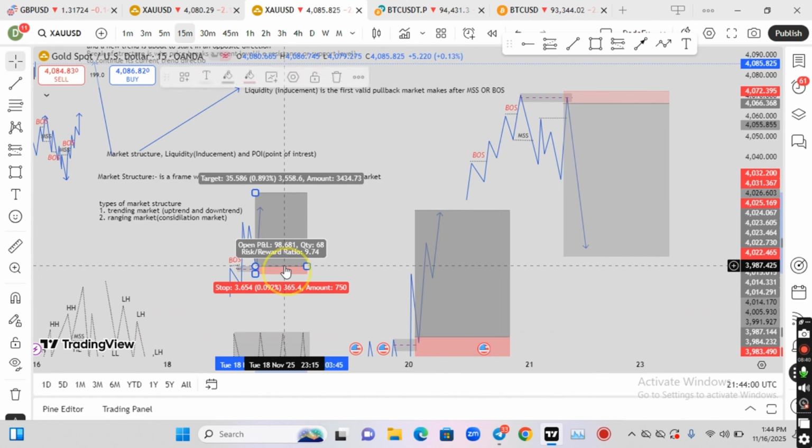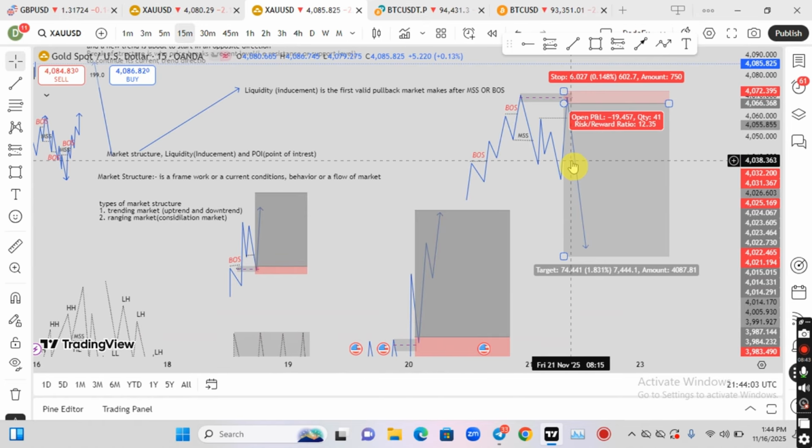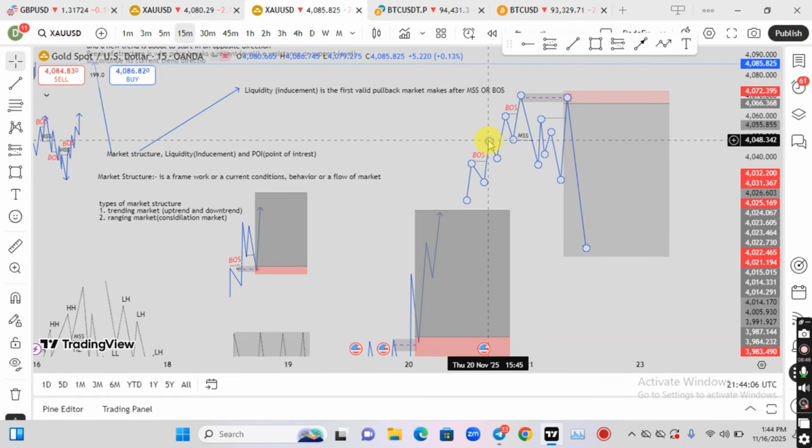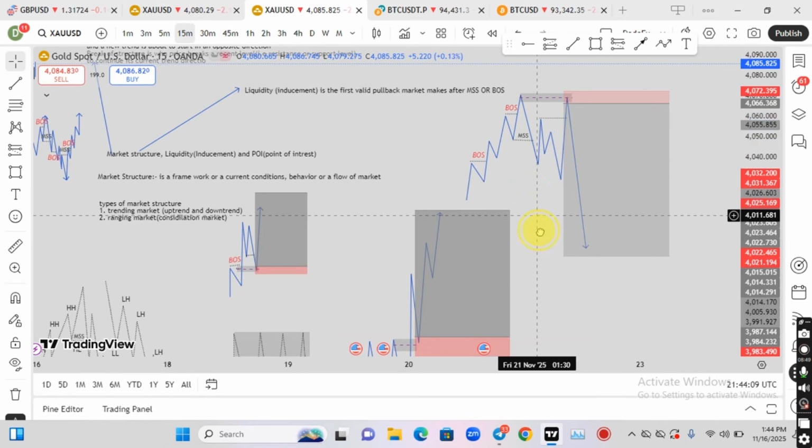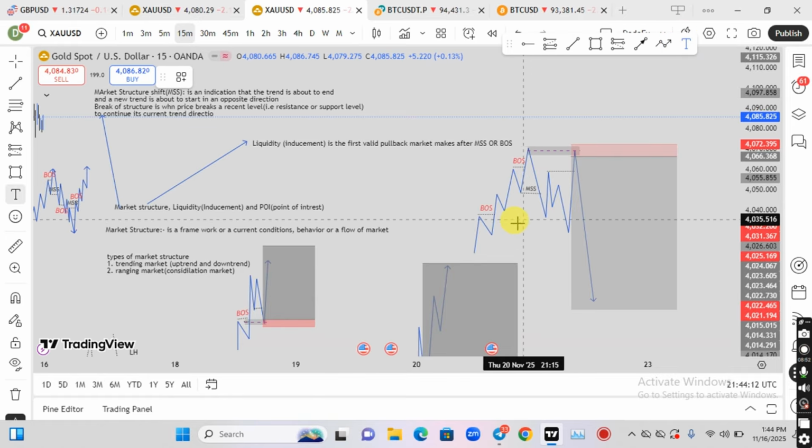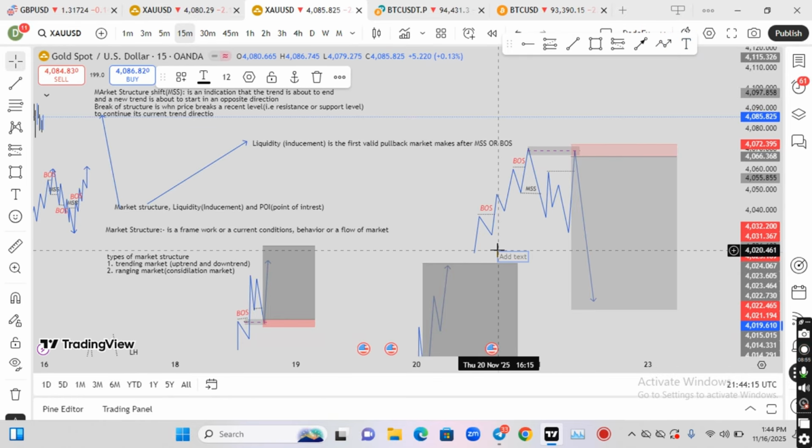This one is for the bullish, this one is for the buy, and this one is for the sell. This one is for buy from the break of structure side, and this one is for MSS. Let me label it MSS plus liquidity IDM. IDM is my inducement, which is also liquidity for bearish movement.